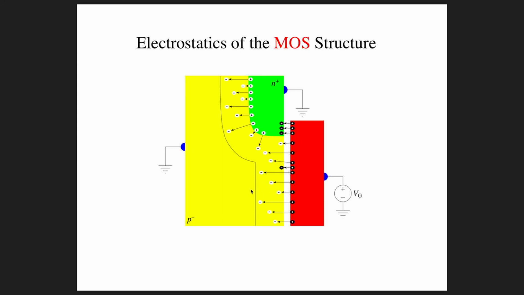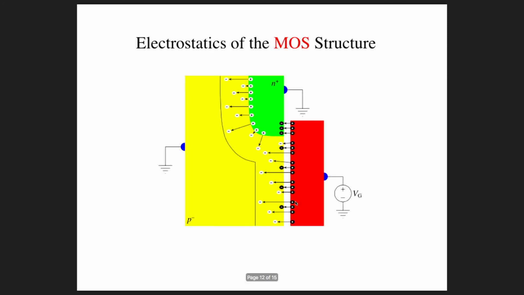Right? Remember, we bent the bands down, so there's a nice low energy region here. You can imagine that once we do this enough, we reduce the potential here to the same point as it is inside this N plus region. In which case there's no energy barrier for the electrons to get up into this region here at the surface, which is called the channel.